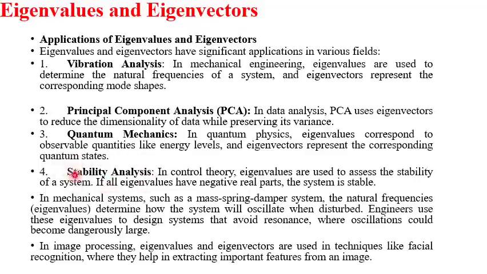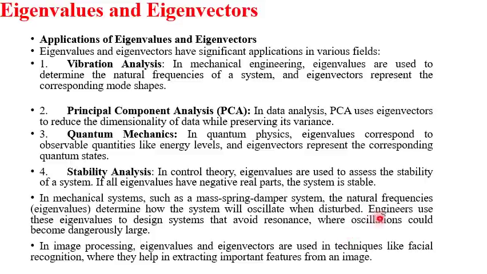stability analysis. And here, for example, in some mathematical systems such as the mass spring damper system, the natural frequency, which is relative to the eigenvalues, determines how the system will oscillate when disturbed.